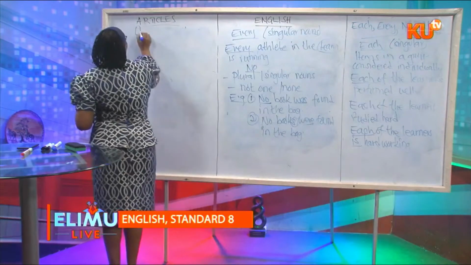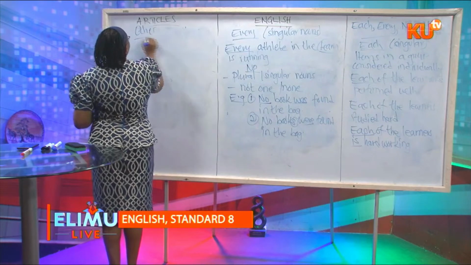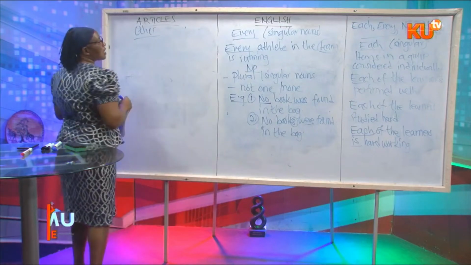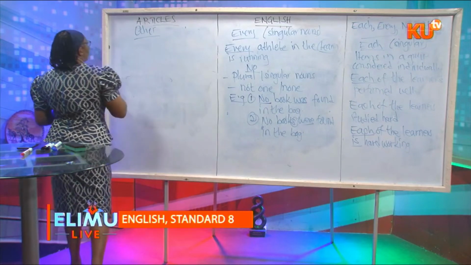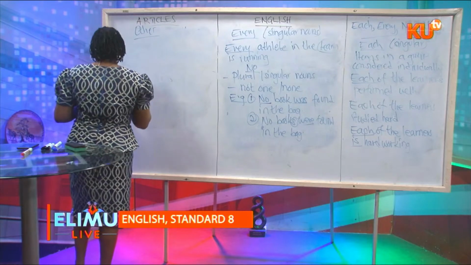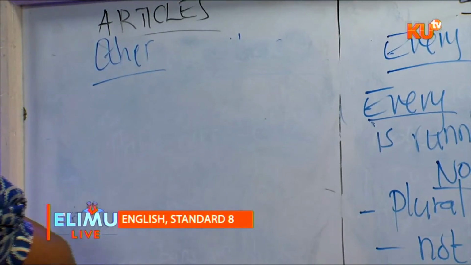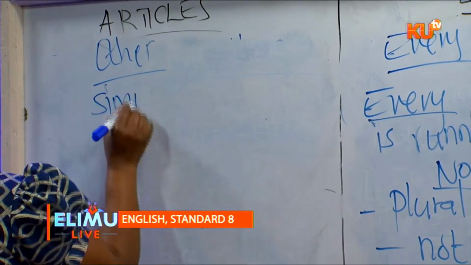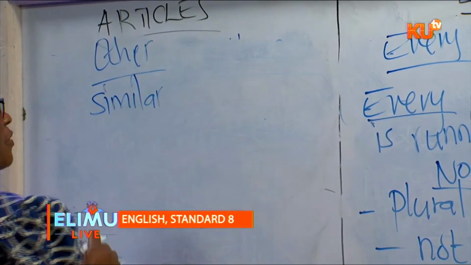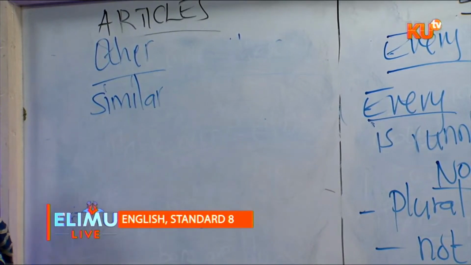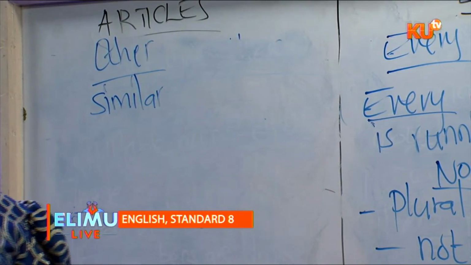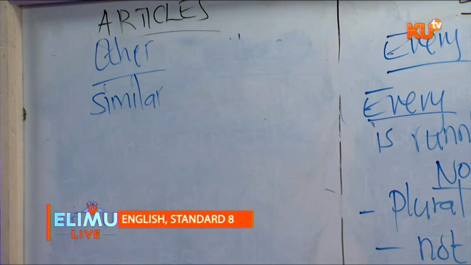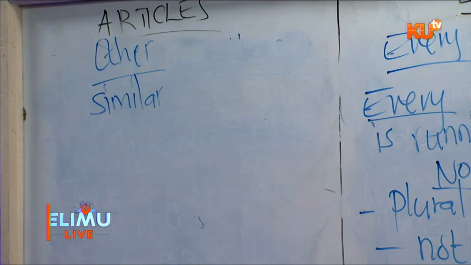The word other or determiner other means something of the same kind, or something which is similar to the one that has been talked about earlier.